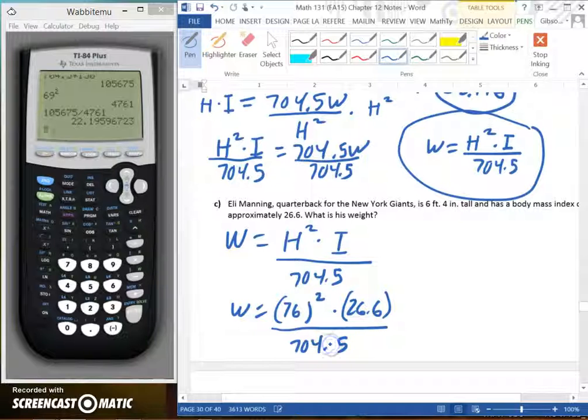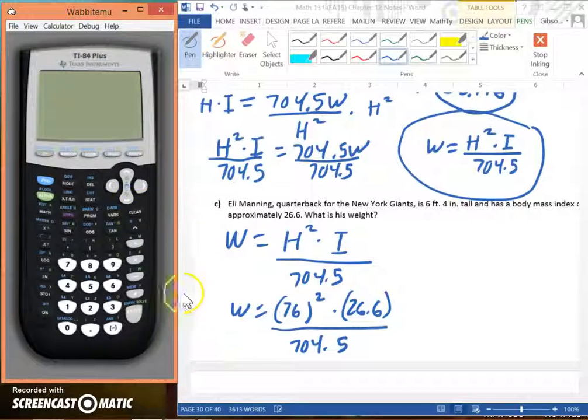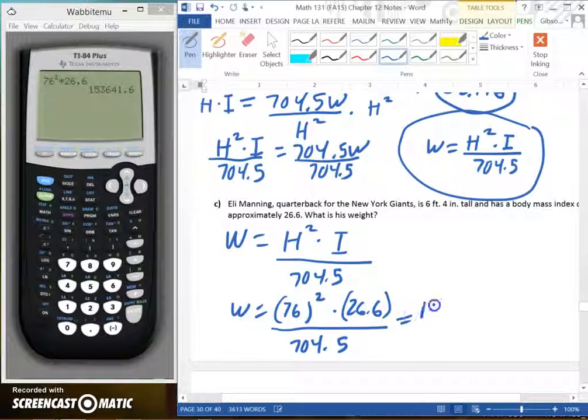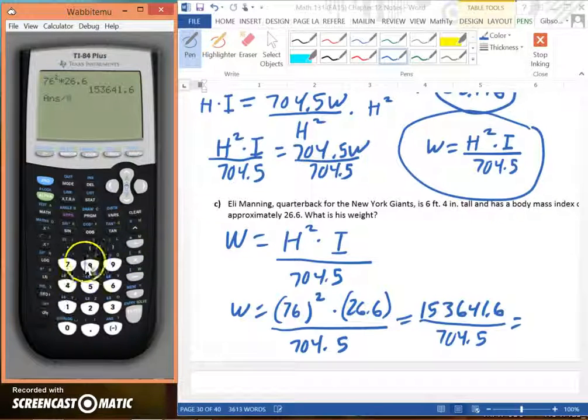Now we can put that in our calculator. We take 76 squared times 26.6, and that gives us 153,641.6, divided by 704.5.